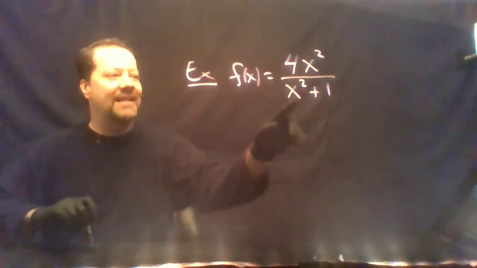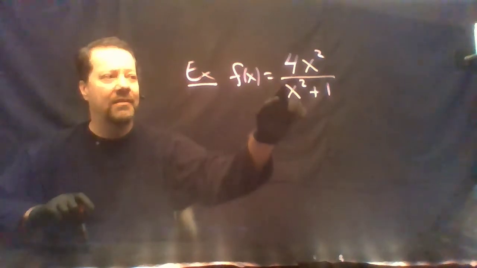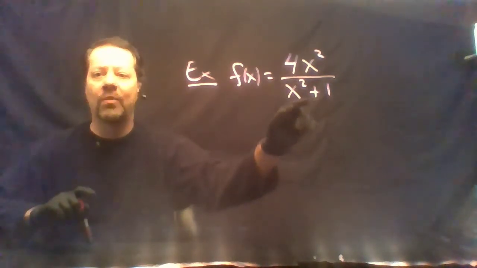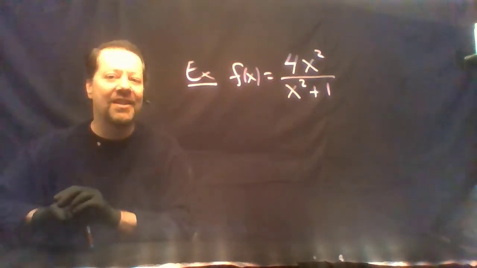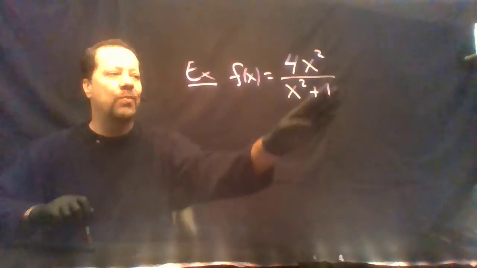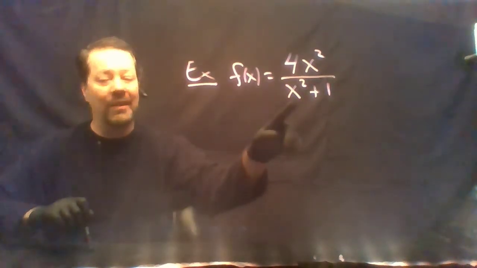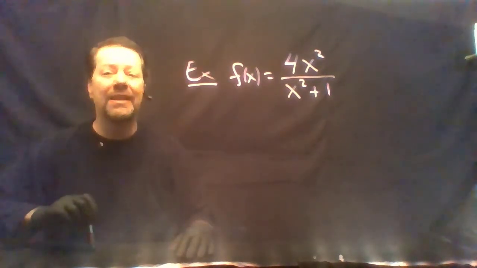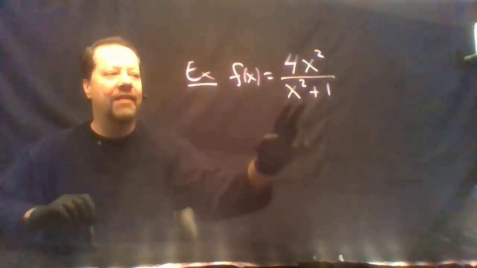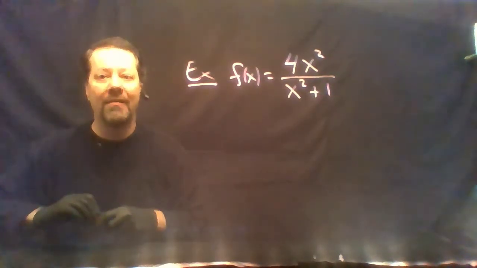So, as x gets big, when x is, say, 1,000, we're getting something close to 4 million over 1 million-ish. 4 million over 1 million-ish is about 4, which means the plus 1 really doesn't matter. If you plug in 1 million, 1 million squared is 1 trillion. 4 trillion divided by 1 trillion-ish is really, really close to 4.